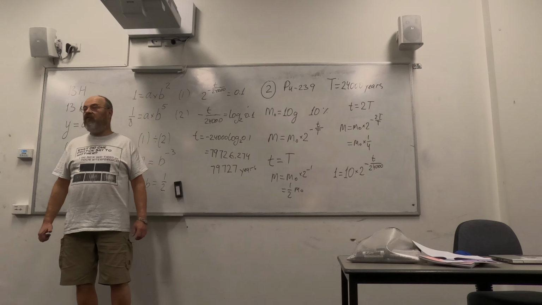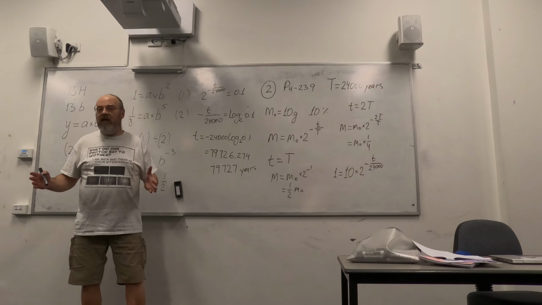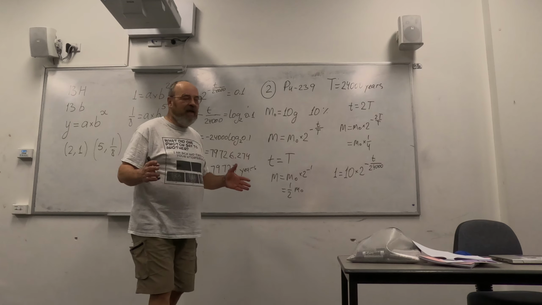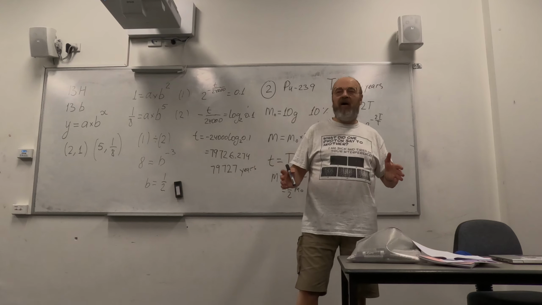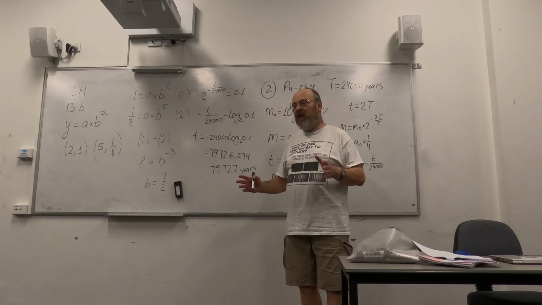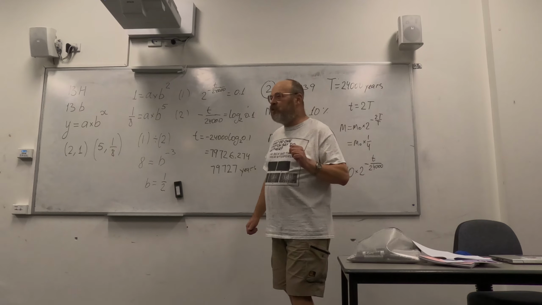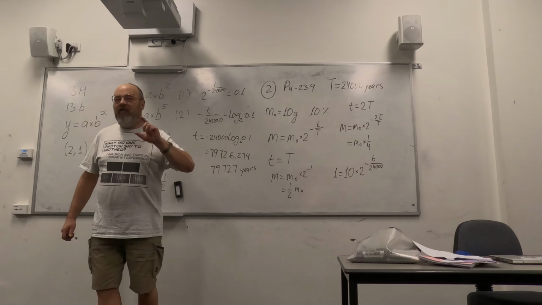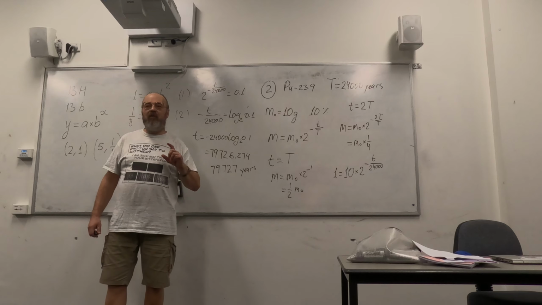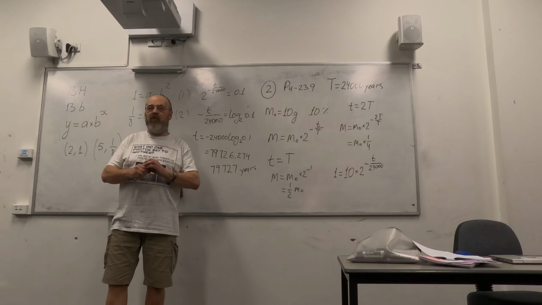So if the age of the Earth is approximately 4.5 billion years, and the half-life of uranium-238 is 4.5 billion years, what fraction of uranium do we have now compared to when the Earth was made?